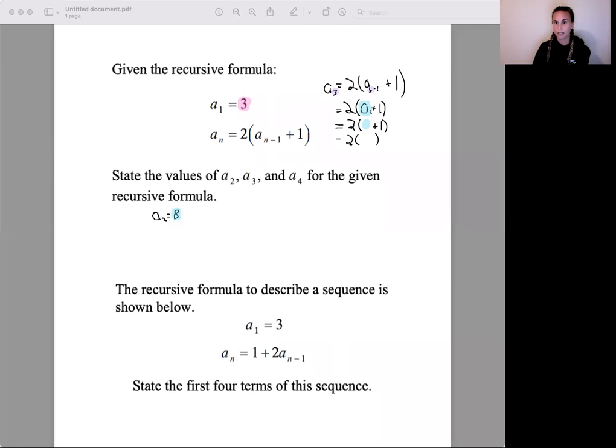So I'm going to put that in here. So a sub 3, sorry, I was saying that. Okay, so 2 times 9 is 18. I'm going to add that to my collection over here.